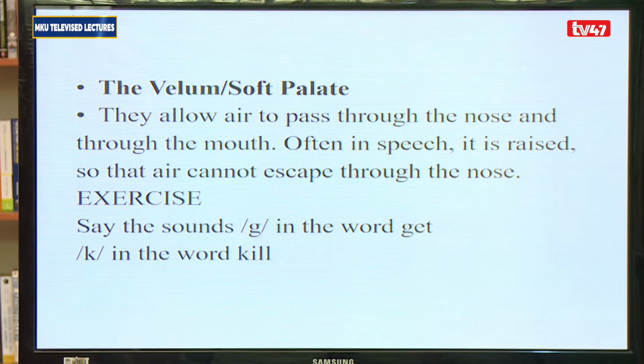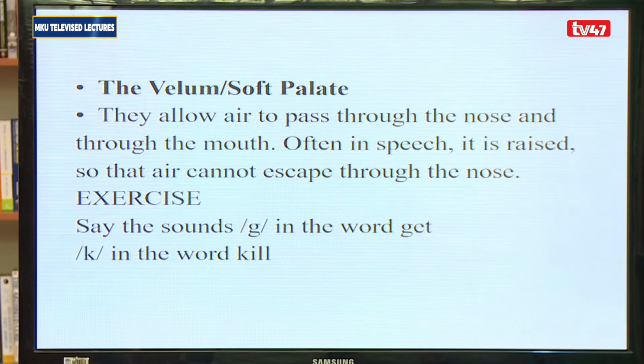What is the function of the velum? The velum allows air to pass through the nose and through the mouth. Remember we said earlier that for sounds to be produced well, we need a sufficient flow of air. So the soft palate allows air to go through the nose and then through the mouth. And often in speech, it is raised so that air cannot escape through the nose.